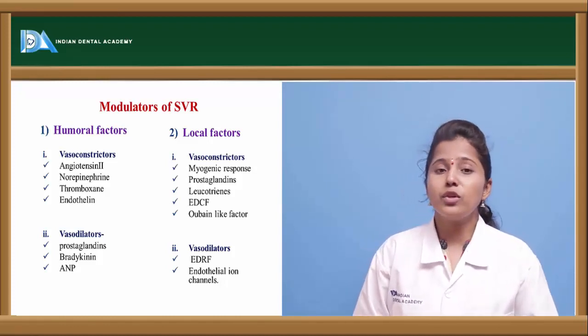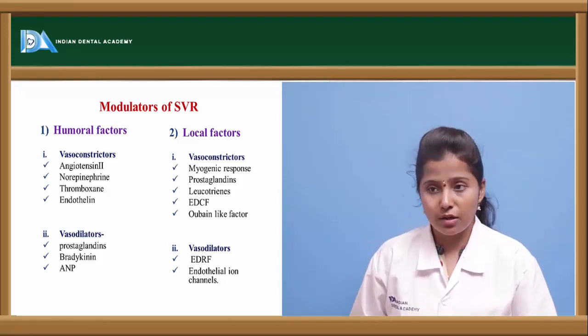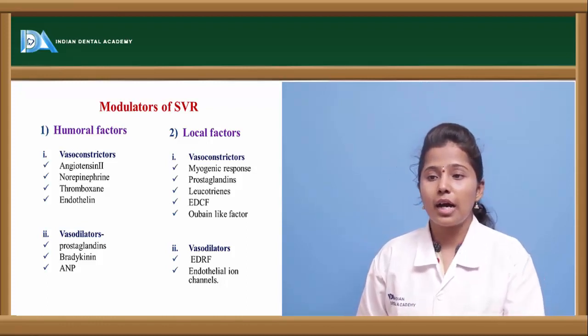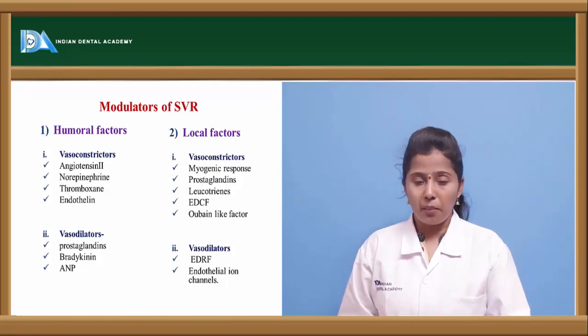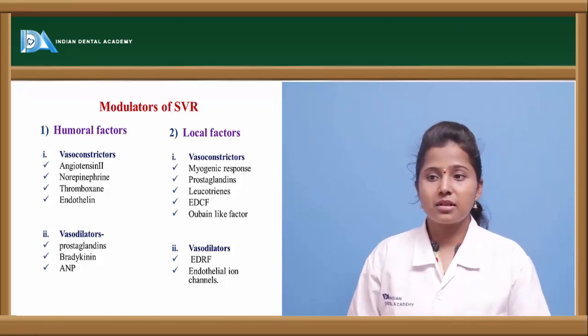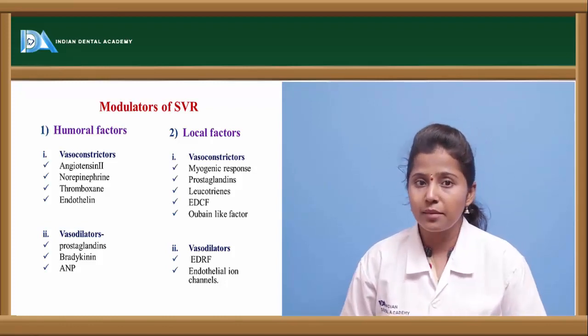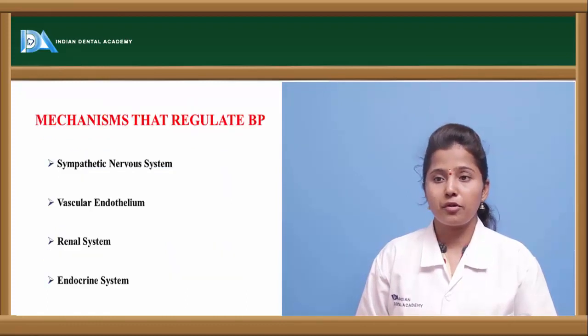So it depends upon which prostaglandin increase or decrease is present in the systemic circulation. And vasodilators like endothelial ion channels. So when the endothelium is dilated, or where vasodilation occurs in the endothelium of the blood vessel, then also this systemic vascular resistance is modulated.